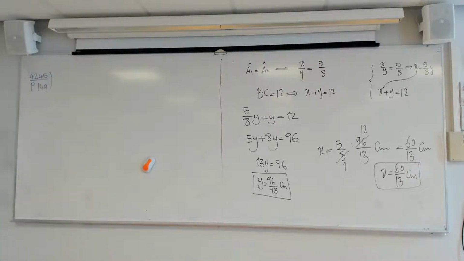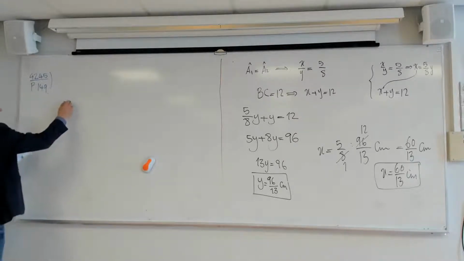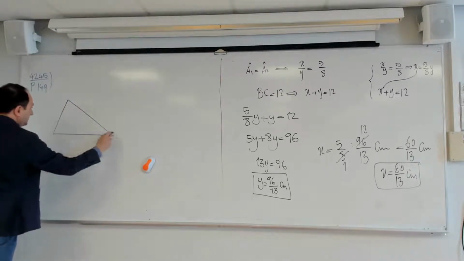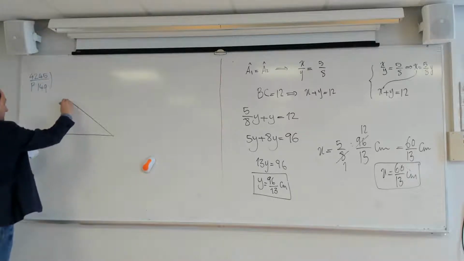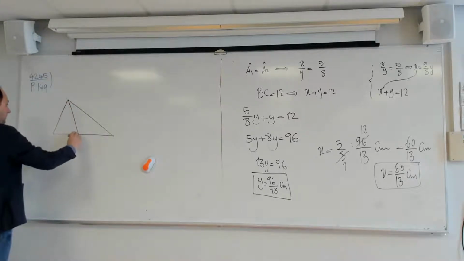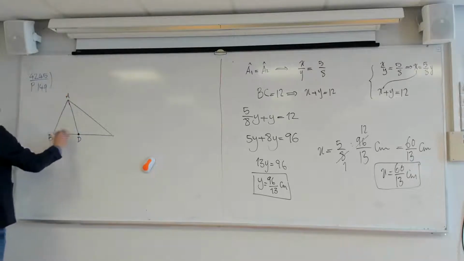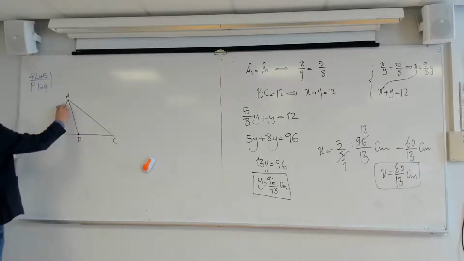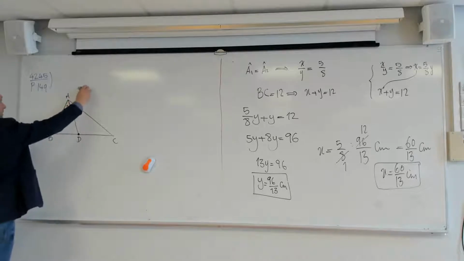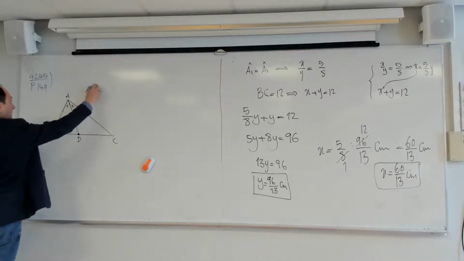So I will try to draw it correctly, but it's not that easy. So here, A, B, C, and it is mentioned that, for example, this angle A1 is equal to angle A2.